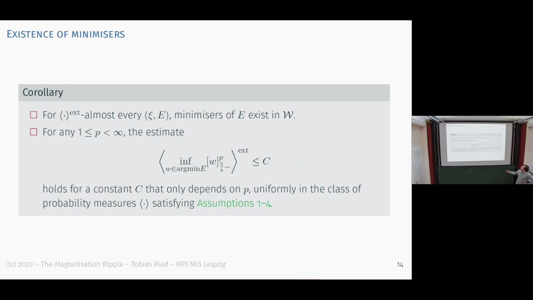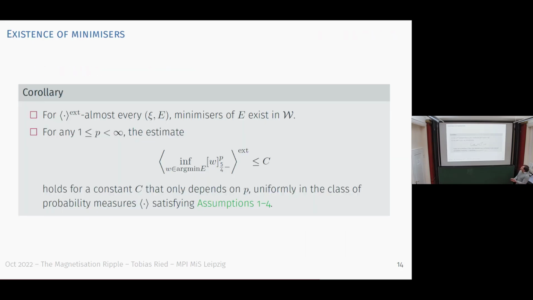So for almost every pair of noises and energy functionals under this extended measure, we can show that minimisers of E exist in the space W, and we have an estimate that is consistent with studying the Euler-Lagrange equation for this W, namely that W satisfies in some sense a 5/4 minus regularity.